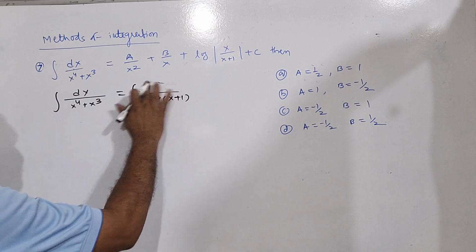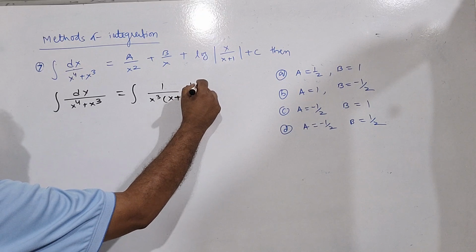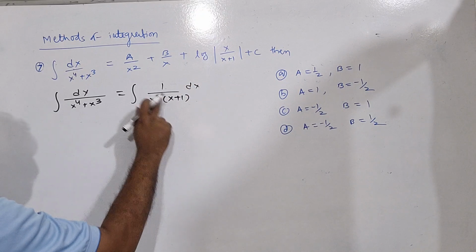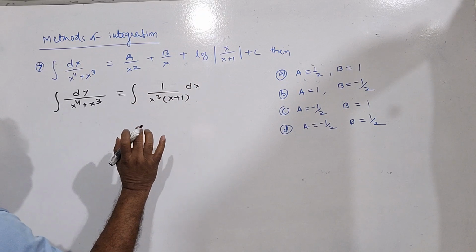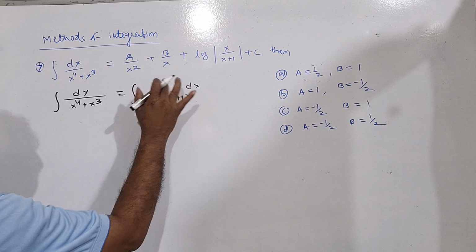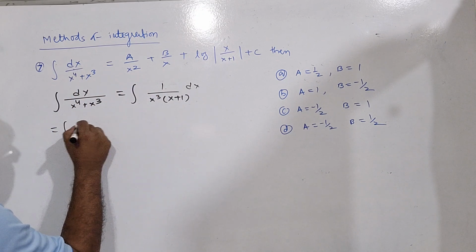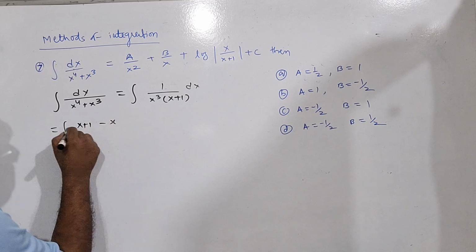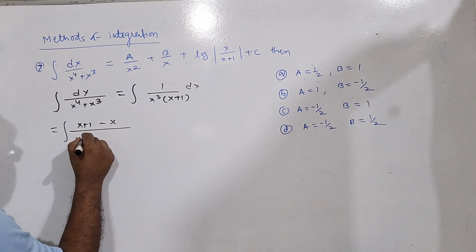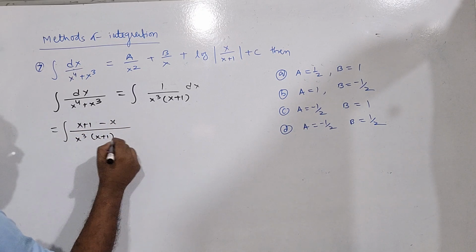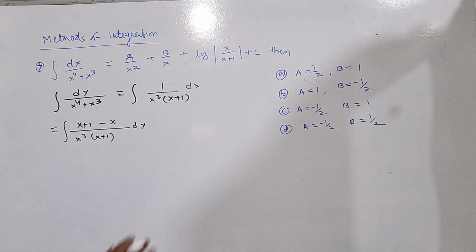Now dx means 1 into dx. So therefore x plus 1, here 1. Now I can say that I can add x and subtract x. So this becomes x plus 1 minus x. This transformation now I can understand very easily, so that I can have two different integrations.